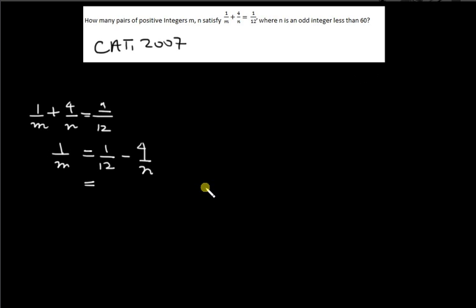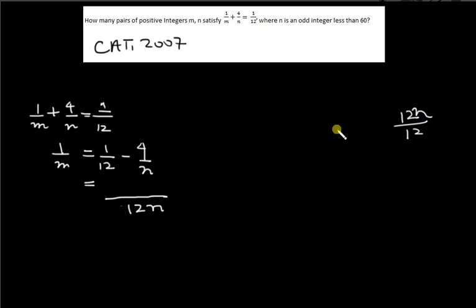So here I write the LCM 12n. After finding out the LCM, we divide the LCM by the denominator of the first fraction. So this is the first fraction, and this is the denominator 12. So we write 12 here as a denominator, and I put the LCM here, 12n.